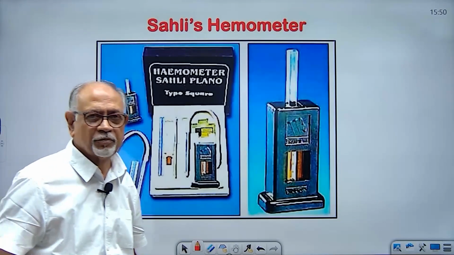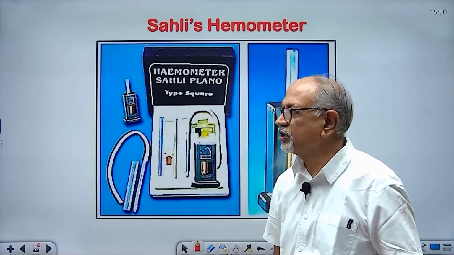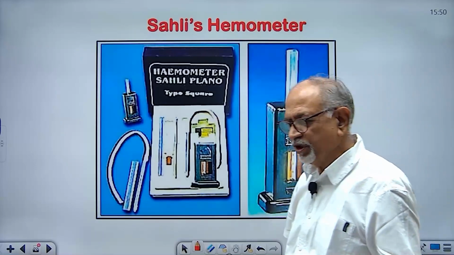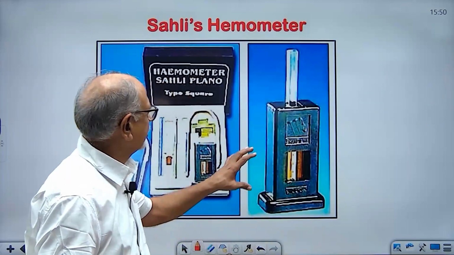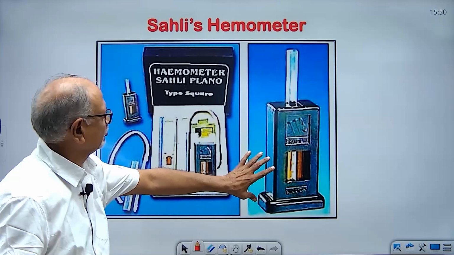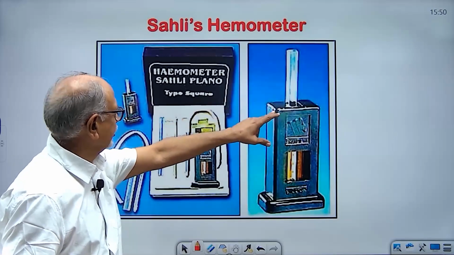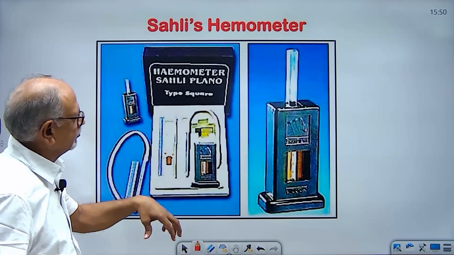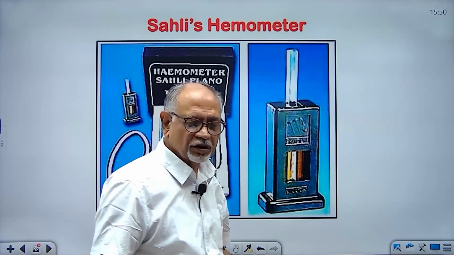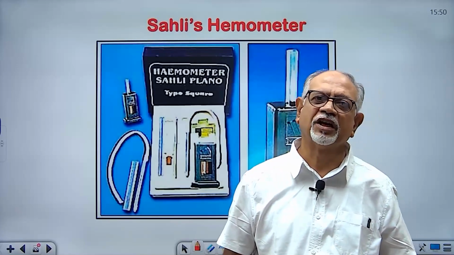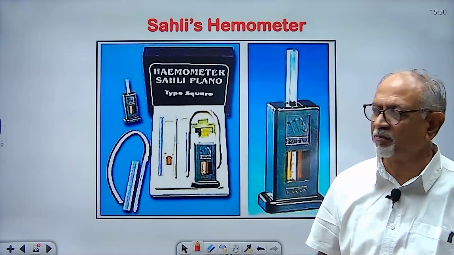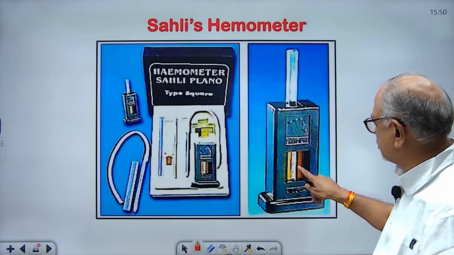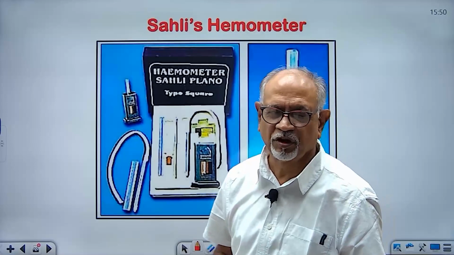Here you can see the picture of the hemometer or hemoglobinometer, that is Sahli's hemometer, in which there is a comparator box, this one, there is a sample tube here, there is a pipette. Now in the pipette we take a sample of blood, then it is mixed with N/10 HCl, a brick red color appears, then on both sides of this sample tube there are colored plates.